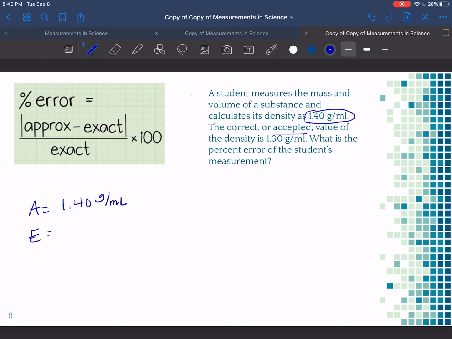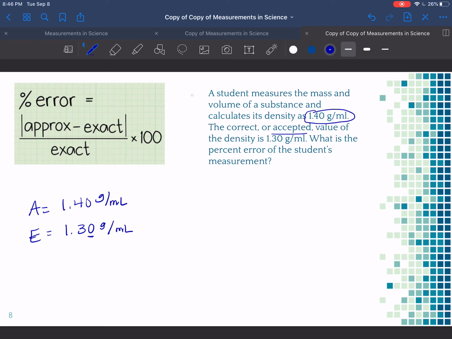And to just make the point we had about certainty and uncertainty in measurements, because the 1.40 is a student measurement, the student is certain about 1.4. They are estimating the 0. But in the exact value, which is the 1.30 grams per milliliter, the 0 in 1.30 is not uncertain. It is exact. Right?